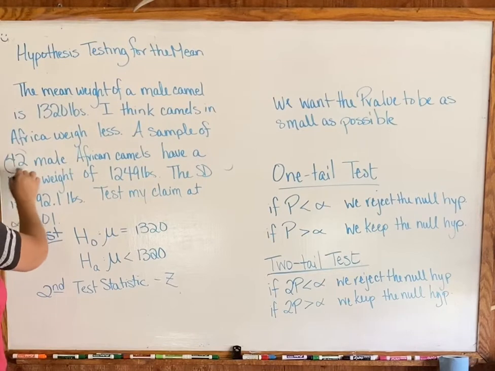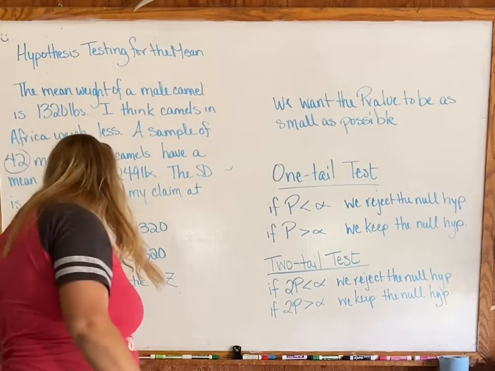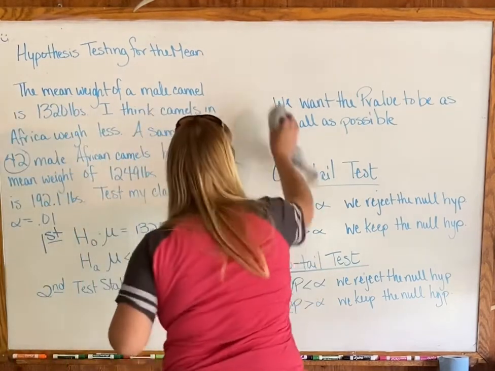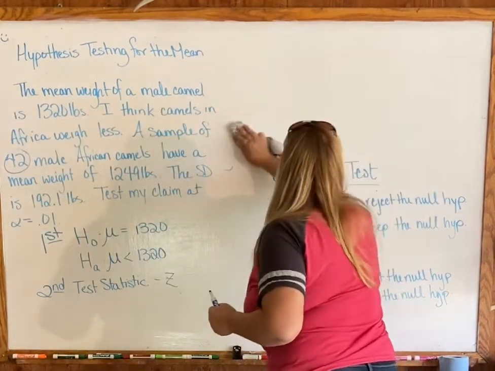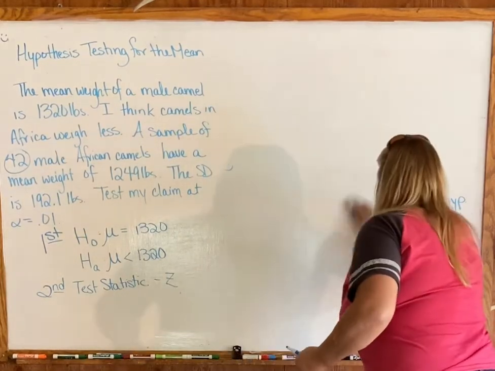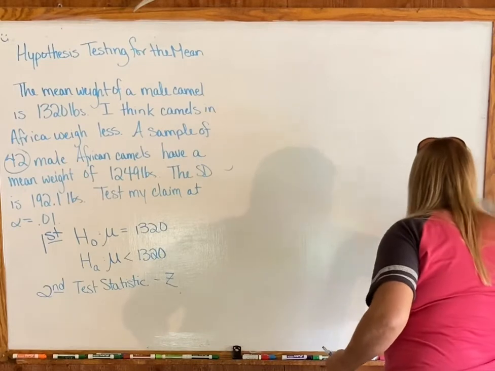And we have a sample of 42. So that does mean that we're looking at a z-score, doesn't it? Now, if that sample was smaller, we might not be looking at a z-score. But in this case, we've got a sample of 42, so we'll use a z-score. And we can find our z-score, our test statistic, for this particular problem.